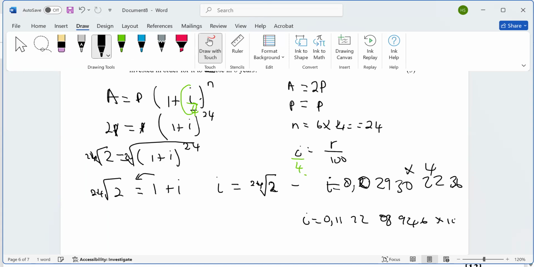Then we multiply by 100. Maybe it would have been better to simply multiply by 100 and divide by 4 later. I think it should give us the same answer. We'll check. Multiply by 100 and you get 1.20. 7.2%. Let's check it here.